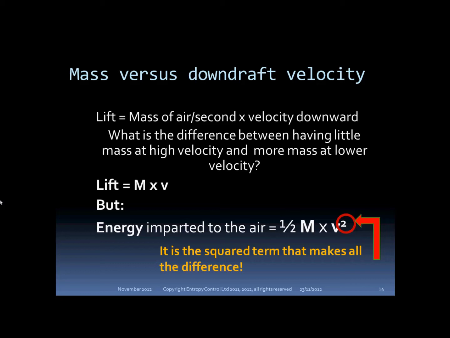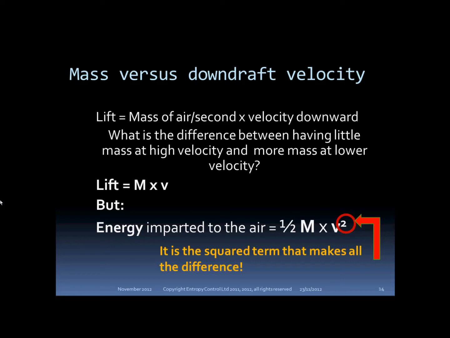That's true, but the thing is that once you've got your lift, the air that you've thrown down continues to contain energy that you've imparted to it in order to move it down. And the energy imparted to the air has got a v squared term in it. It's a half mv squared.